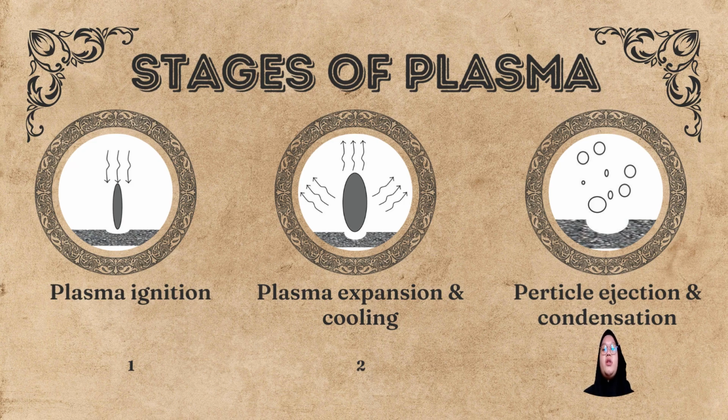The last step in the plasma stages is particle ejection and condensation. This stage is not significant for LIBS measurement. A quantity of ablated mass is not excited as vapor or plasma.